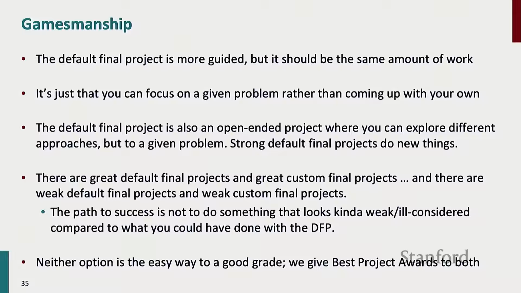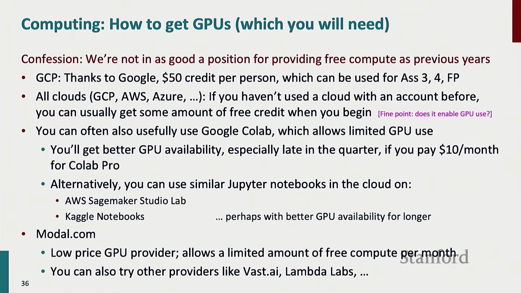Computing. To be honest, with the confessions right at the beginning, we're actually in a less good position for computing than we've been in recent years, and it's all OpenAI's fault.